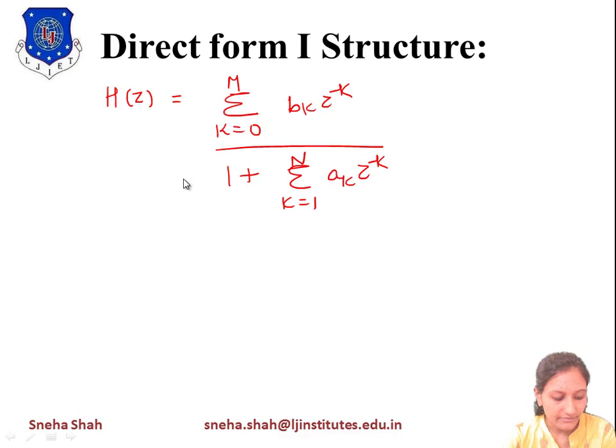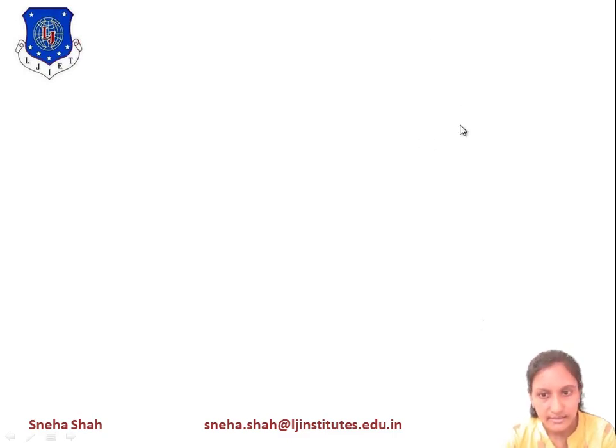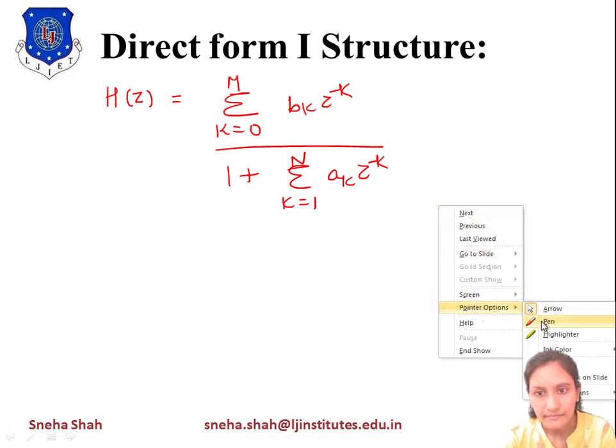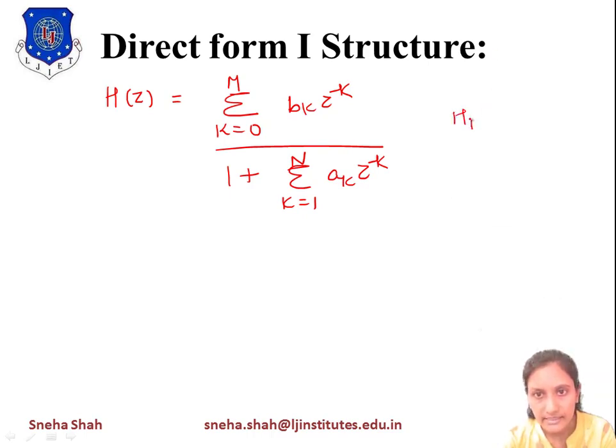Now we define the numerator part as H1 of z, which is summation k equals 0 to M b_k z raised to minus k.